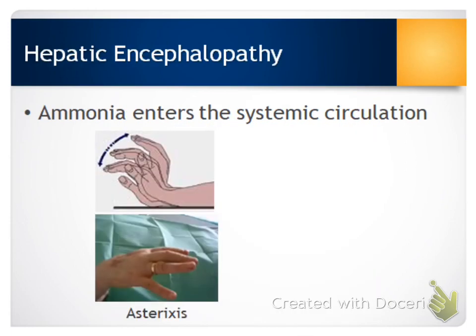Hepatic encephalopathy is another complication, and this results from the neurotoxic effects of increased ammonia in the bloodstream. And so remember, when our liver is functioning normally, part of its job is to convert ammonia to urea and send it out through the kidneys. And it can't do that in liver failure, so ammonia builds up.